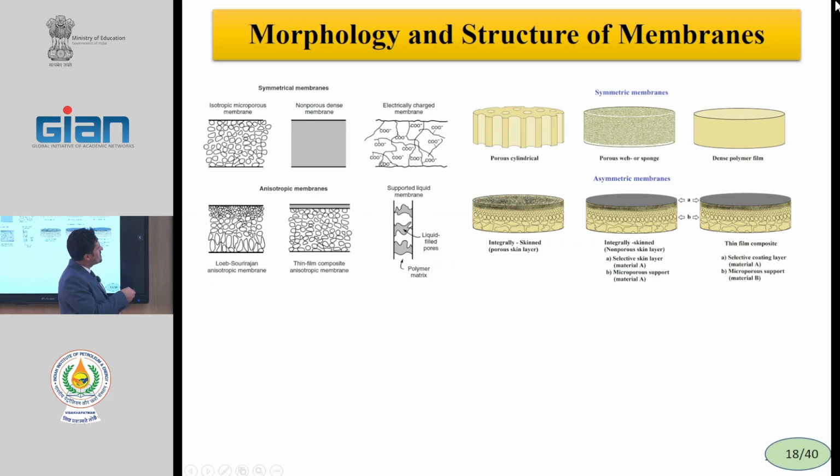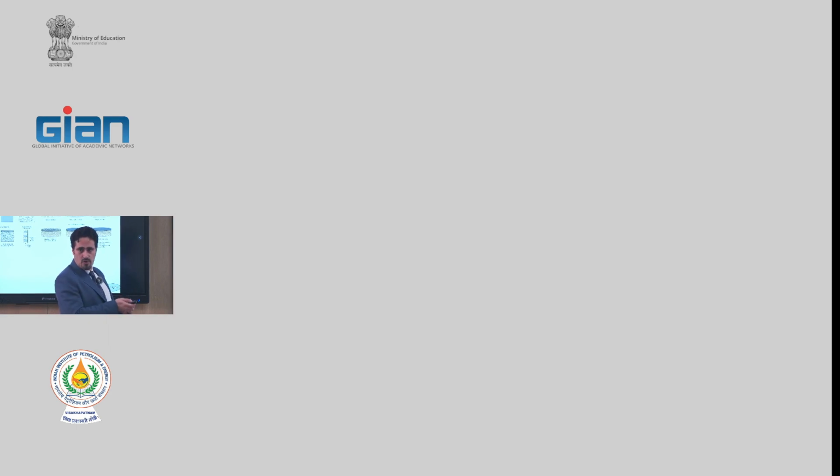Here in the top layer we have small pores, and in the bottom layer we have big pores. Therefore, this is an asymmetric membrane. Or in this case, we have a non-porous layer coated on a porous support. Therefore, the top and bottom are different.